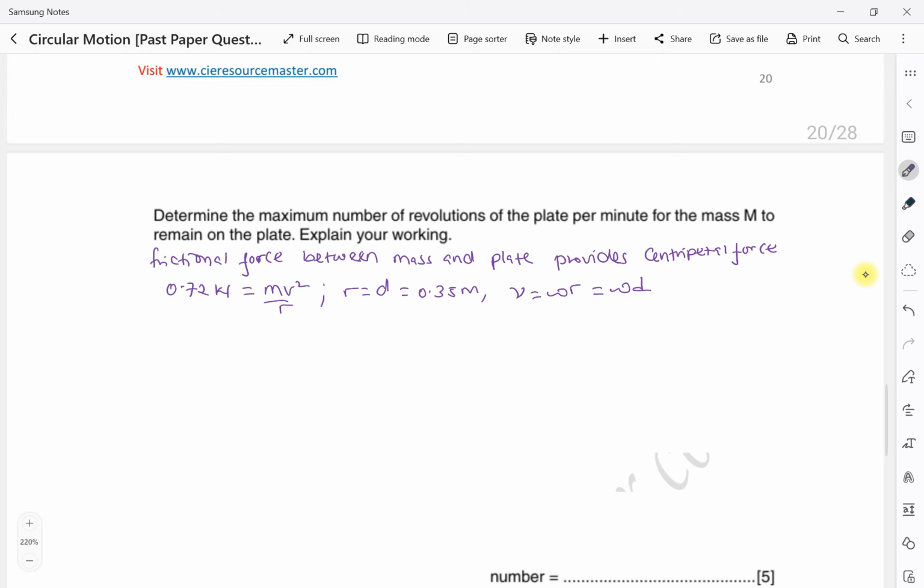So I'm just going to substitute in here. I'll say that 0.72 times W, which is mg, is equal to m, where there is v, I'm going to put omega times d, squared, divided by d.